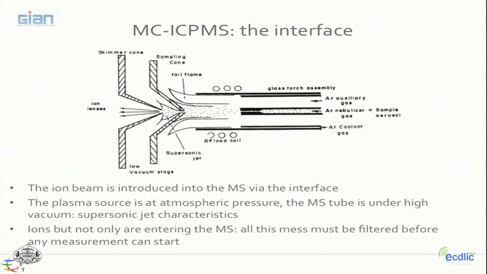To do this, you are using the property of a supersonic jet. This is something which was discovered when the first supersonic jet reached the speed of sound. They realized that behind the wall of sound, you have a zone with a certain vacuum. And so this is exactly what is used in ICP-MS.